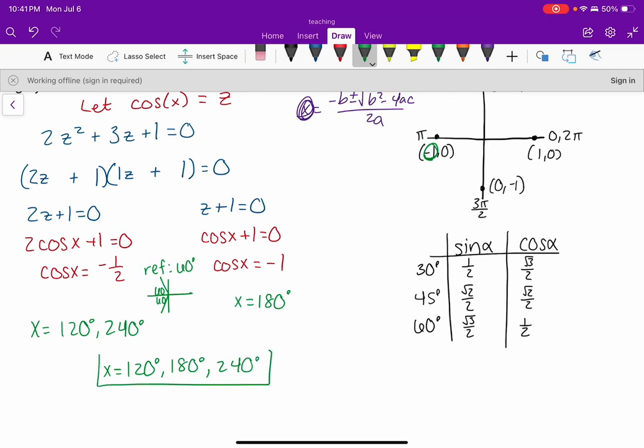If you don't put them in order, that's not a big deal. In radians, this would be pi over 3, 3 pi over 3, so that would be 2 pi over 3, pi, and 4 pi over 3.